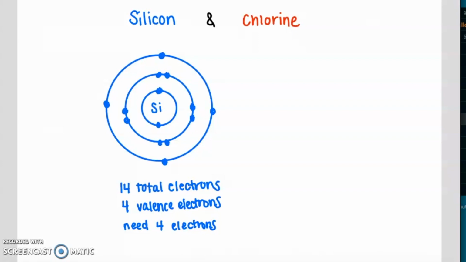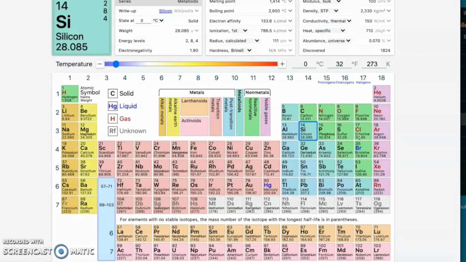Let's do the same for chlorine. I'll head back to my periodic table to collect information. Chlorine has an atomic number of 17. That means every chlorine atom will have 17 protons, and for neutral chlorine atoms, it will also have 17 electrons.